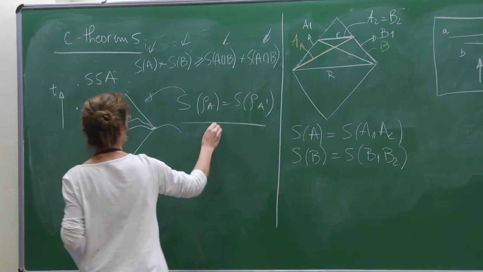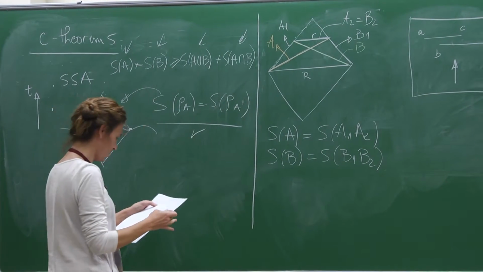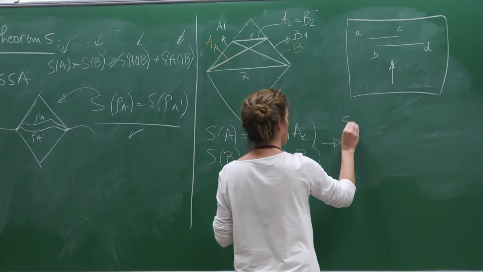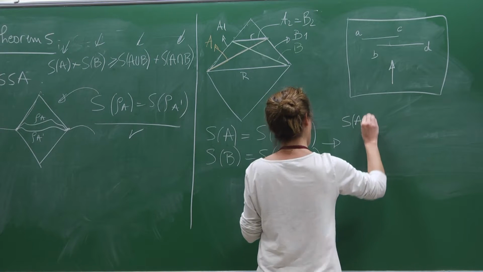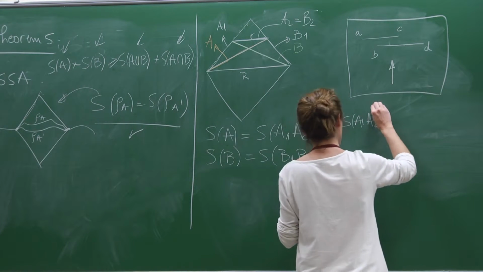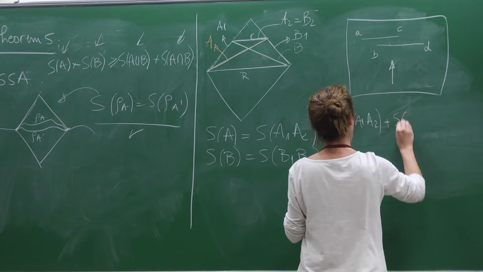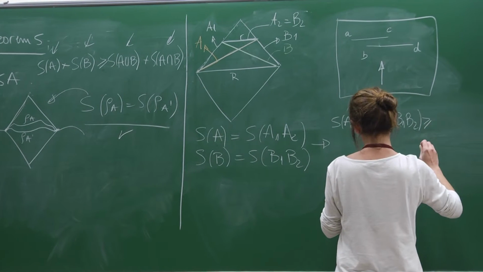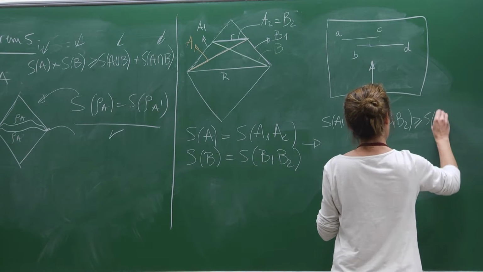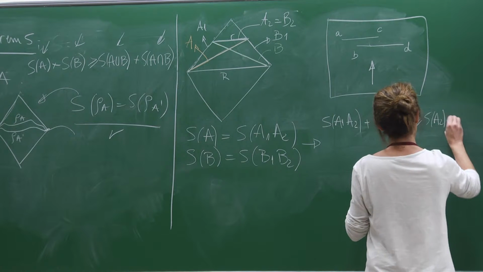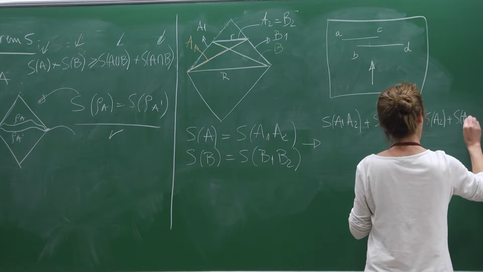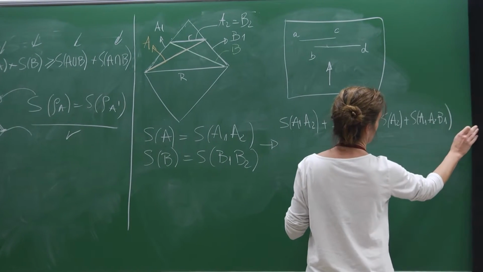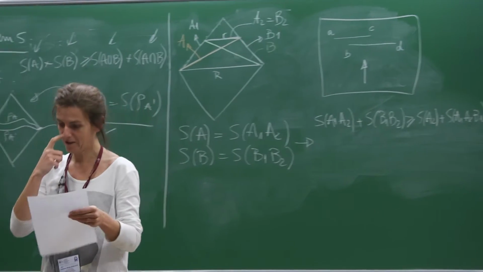So now we are going to use strong subadditivity, and what you get is S(A1 A2) plus S(B1 B2) greater than S(A2) plus S(A1 A2 B1). Okay? Do you agree?